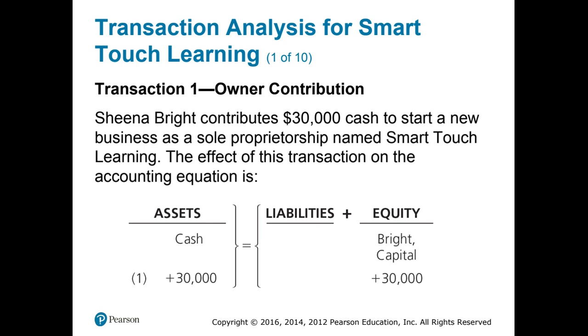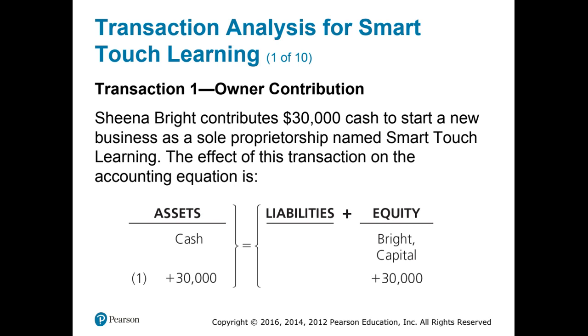We see the business received $30,000 cash. So we are going to increase our cash by $30,000, and cash is an asset.